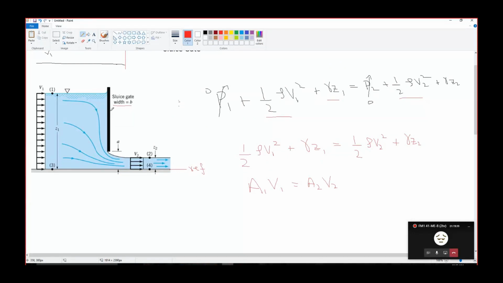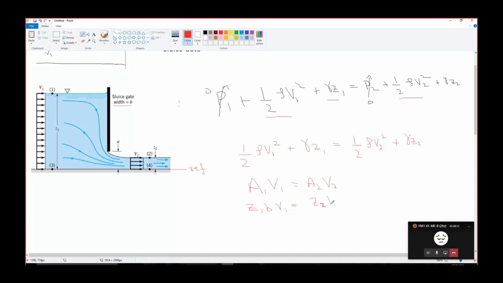The width of the gate is B, so A1 would be equal to Z1 into B, into V1, and A2 would be equal to Z2 into B. Not the opening area, because Z2 is the actual area, so we will not need to apply the correction here.